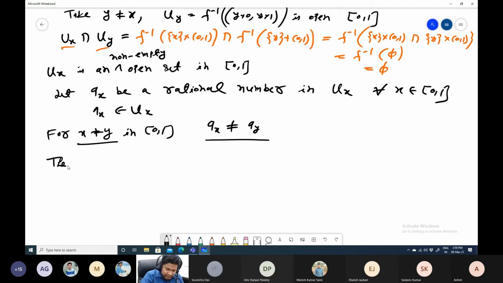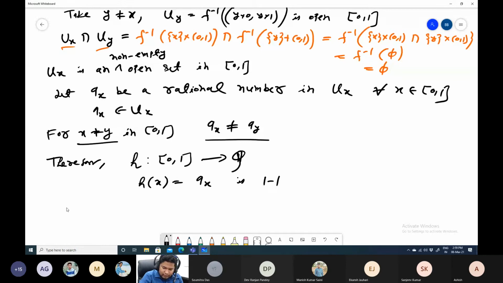So therefore, we have a map from [0,1] to the rational numbers Q defined by h(x) equal to q_x. This map is one-to-one. That implies Q is uncountable. This is a contradiction.